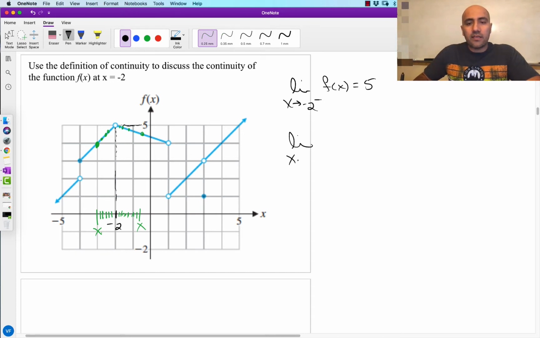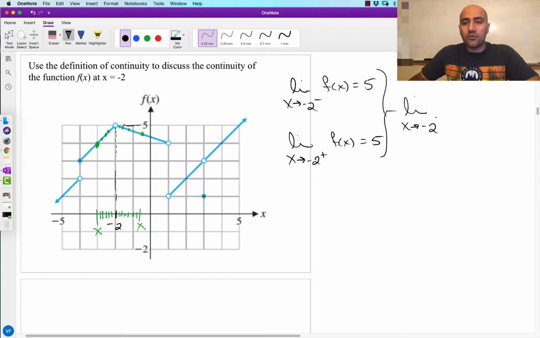The limit as x approaches -2 from the right-hand side of f of x is equal to 5. So we can combine those two into the more powerful statement that the unrestricted limit as x approaches -2, no conditions, of f of x is just equal to 5. So the limit exists and it's equal to 5.